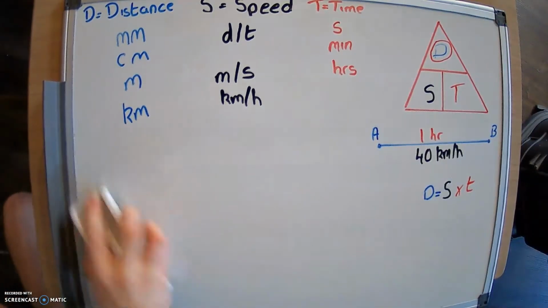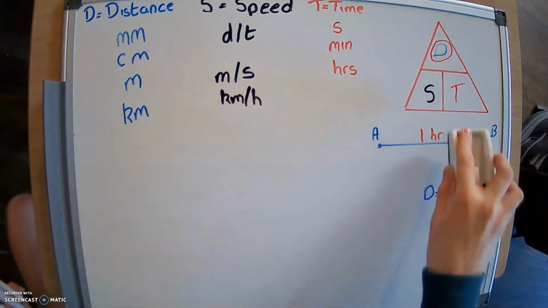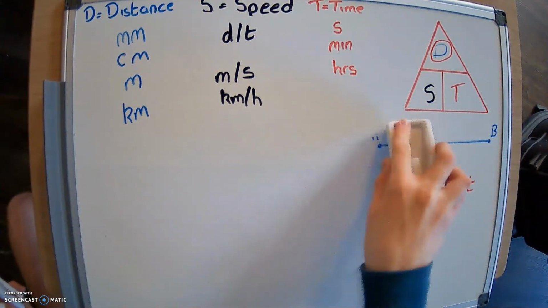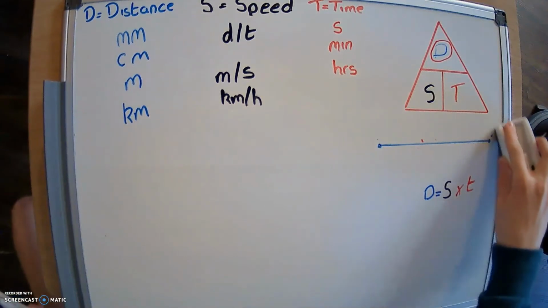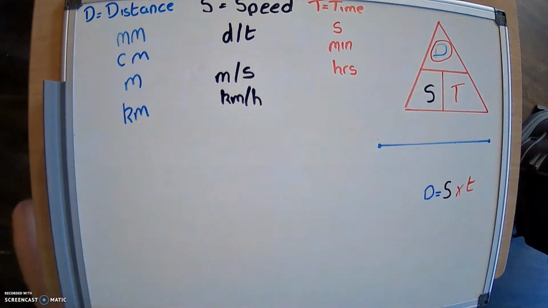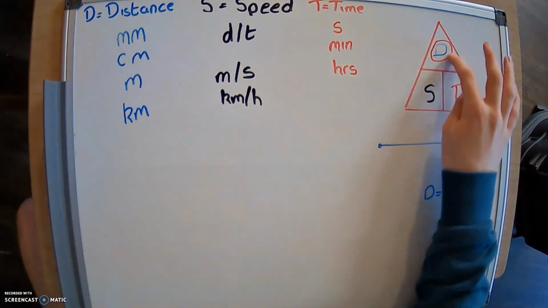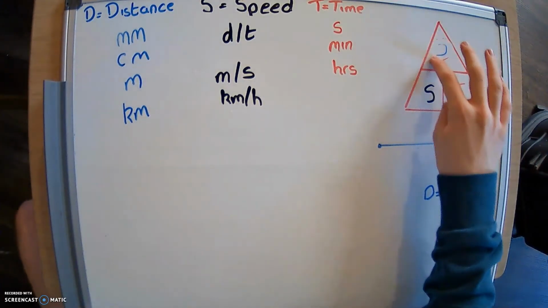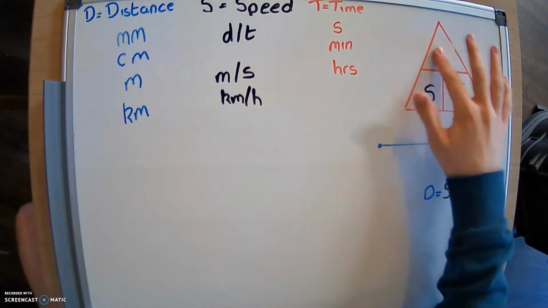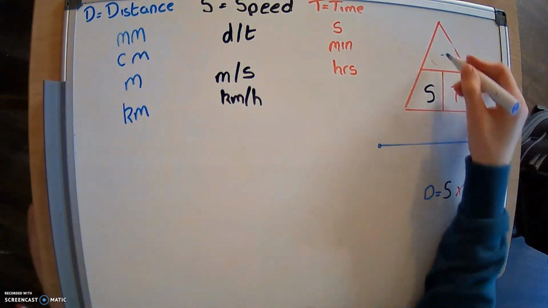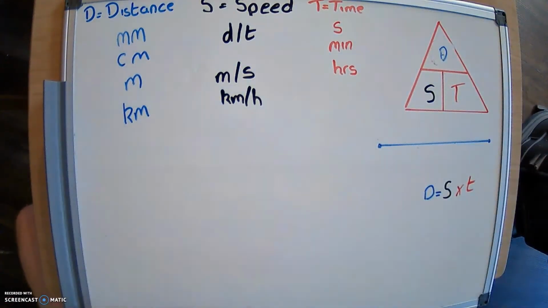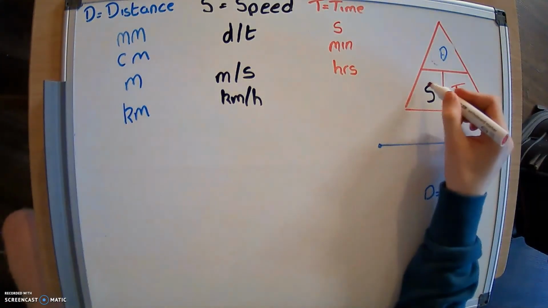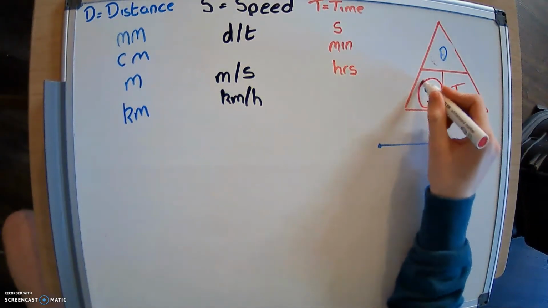Now we're going to get on to the next one. We'll circle around our distance. So this time we're going to be looking for speed. So we'll circle speed.